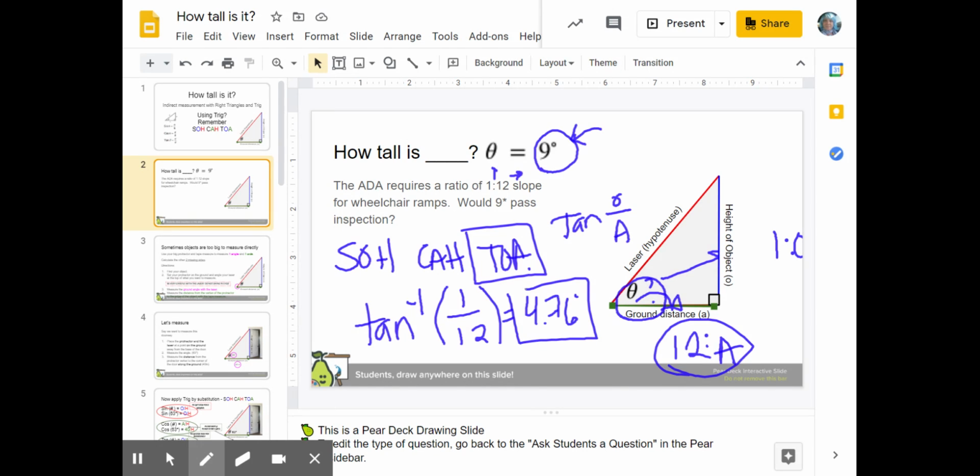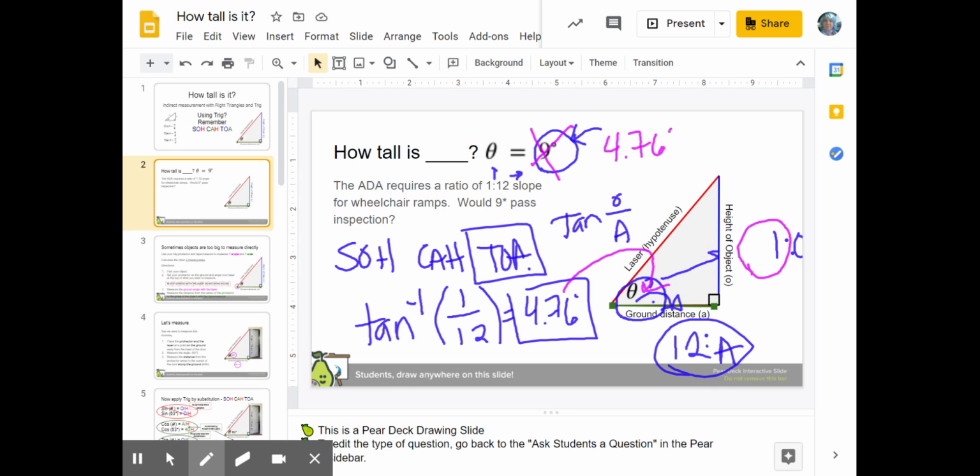So will 9 work? If I have a 9-degree angle instead of a 4.76-degree angle, this is going to be too tall, right? So instead of 9 degrees, it should be 4.76 degrees. This is just one example of why somebody might need to know this.